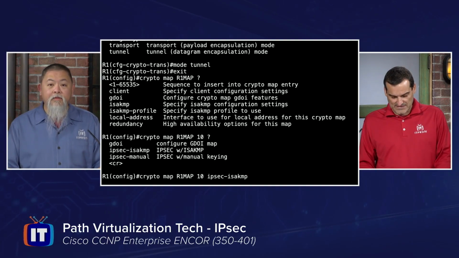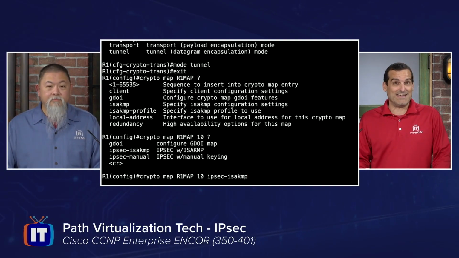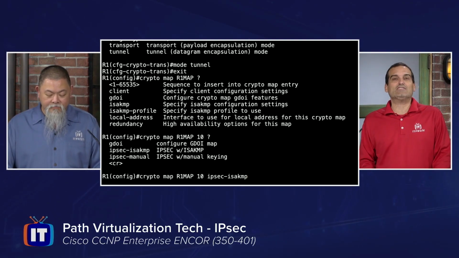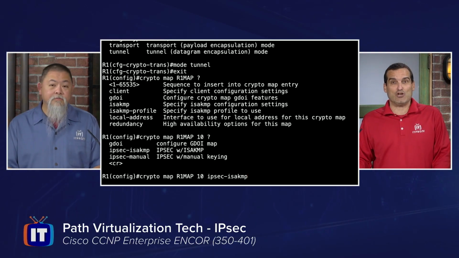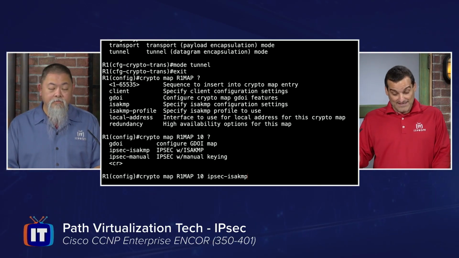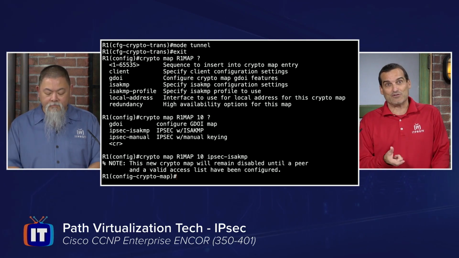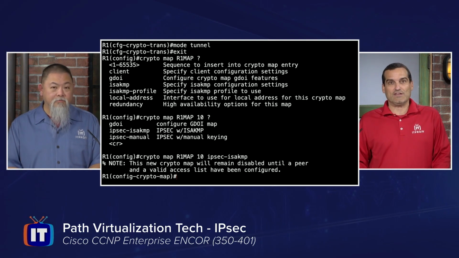Notice he names it R1 map, sticking to his naming convention. He's all uppercase. Then he's going to set the information on who he's peering with. This is going to be the IP address of R2 because we're configuring R1. We've got to remember to mirror that, flip that around on the other side, which he's already configured for us.